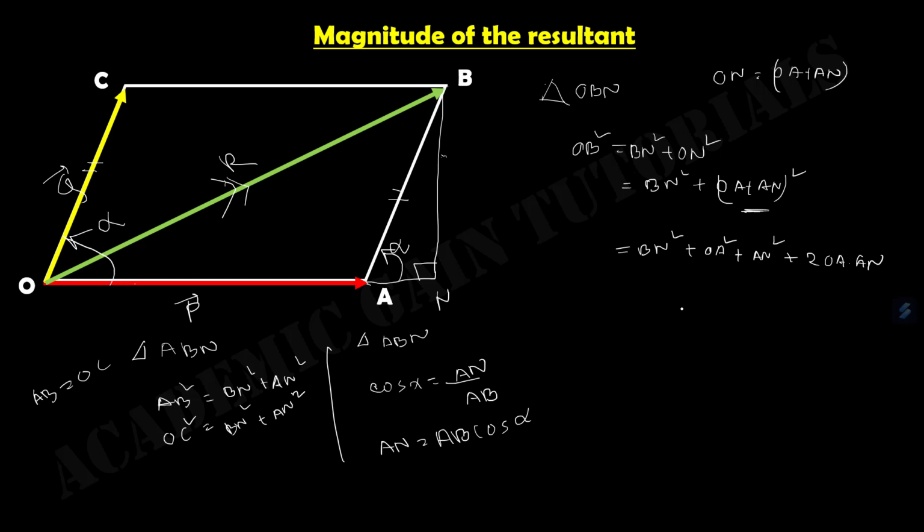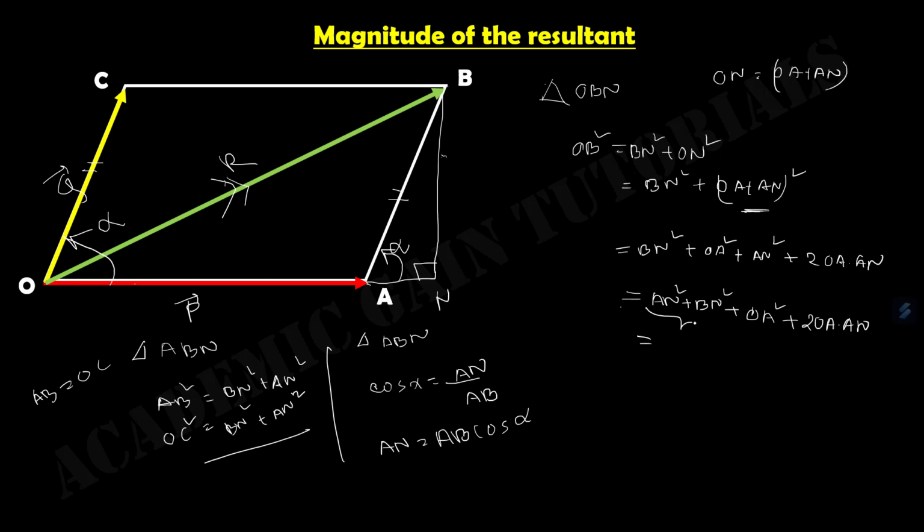Now coming to these equations, we can rewrite these like this: AN square plus BN square plus OA square plus 2 OA into AN. From this equation, BN square plus AN square equals OC square.